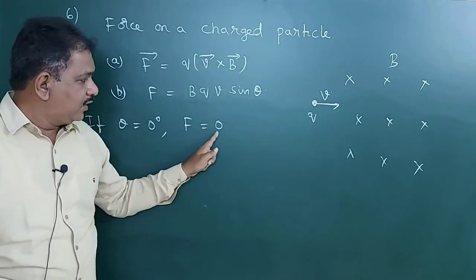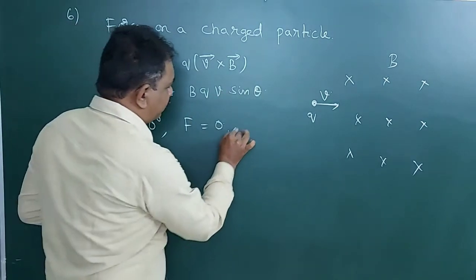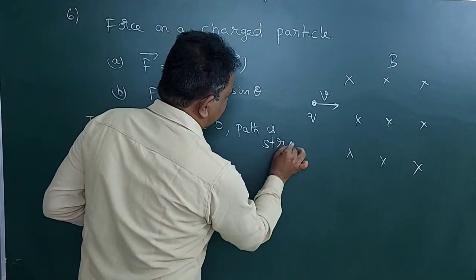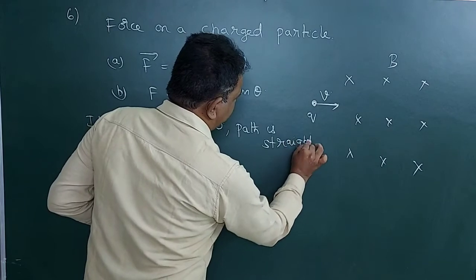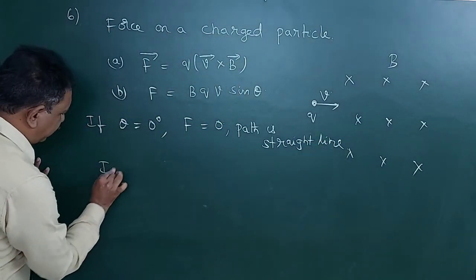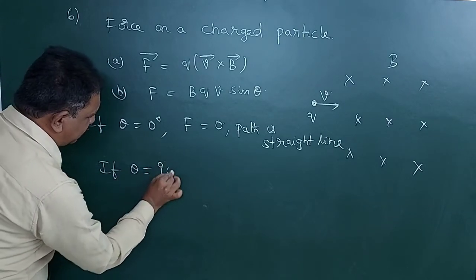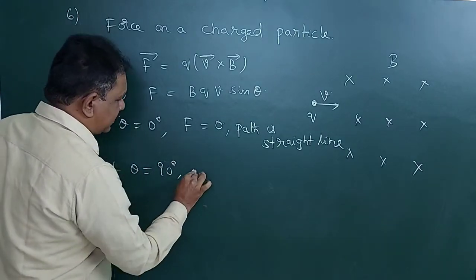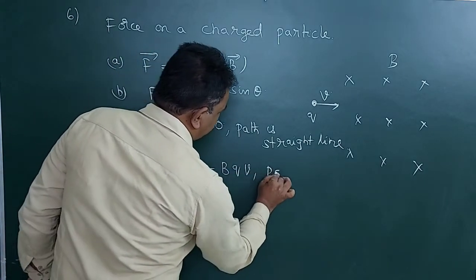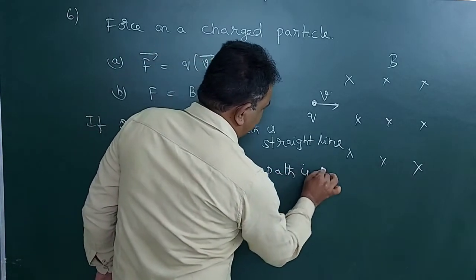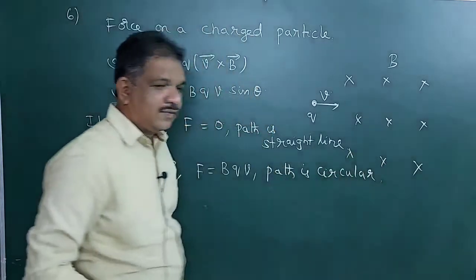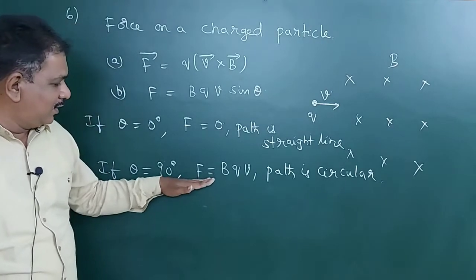That's why F is equal to 0. Path is a straight line. Next, if theta is equal to 90 degrees, F is equal to BQV. Path is circular.